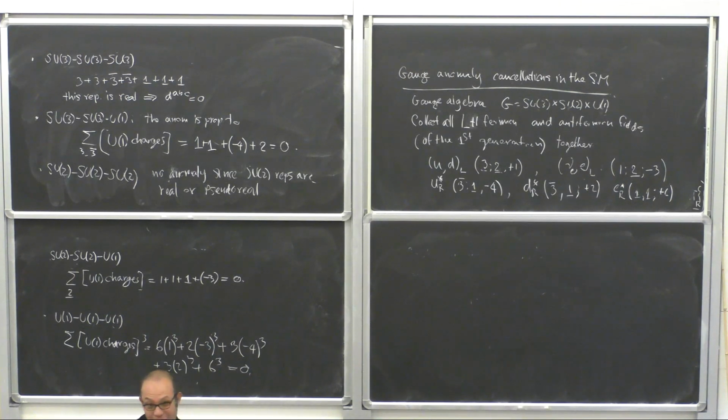This is purely topological. It cannot be obtained by a triangle diagram. Some people call it non-perturbative anomaly. There was also a misnomer, which in 2024 some people still use, but I think it's okay if you know what you're doing. It's called global anomaly.